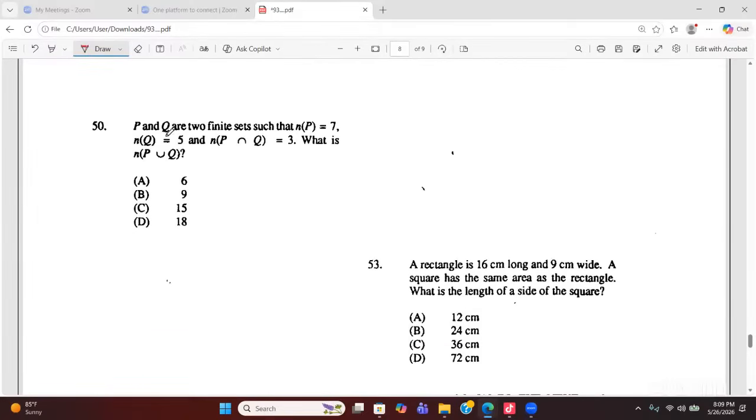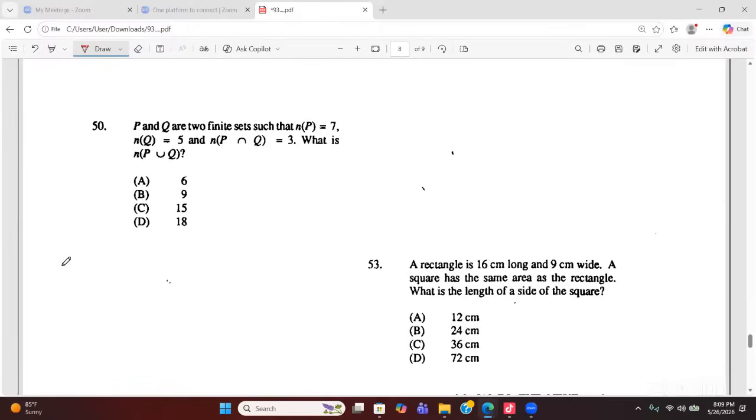So here it is. P and Q are two finite sets. This type of question has been coming on for years, where if I want to find the number of elements, let me put this at the bottom.